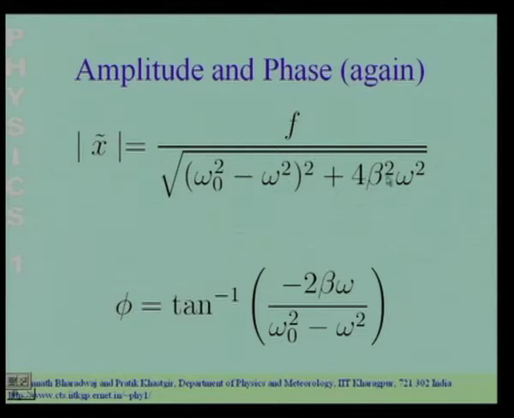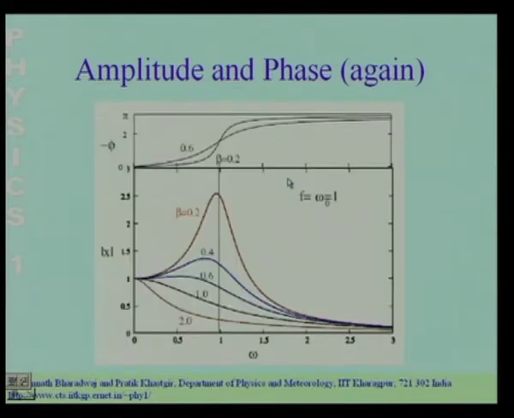Now, the first point to note is that if you introduce damping, the amplitude of the oscillations is finite throughout. So, damping ensures that your oscillations are finite, and in all situations you have damping. In reality you do not encounter oscillations of infinite amplitude, you have finite amplitude oscillations, and this is what you see here.